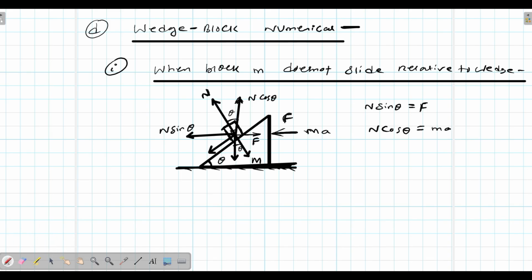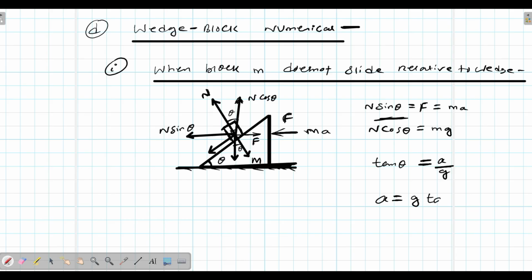So this is m into a. Sin theta by cos theta is tan theta. Tan theta equals a by g. So a equals g tan theta.